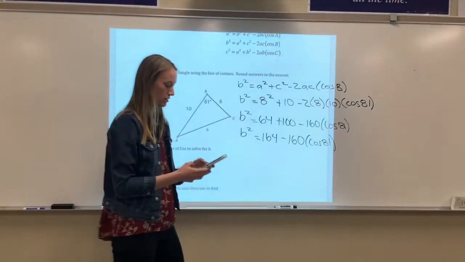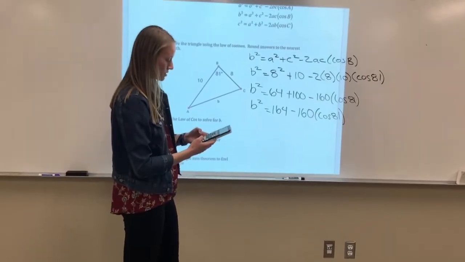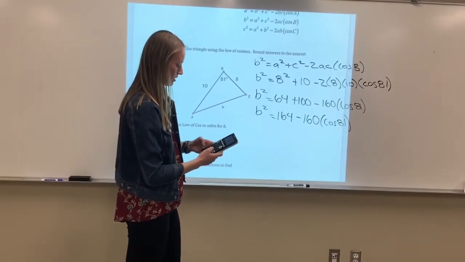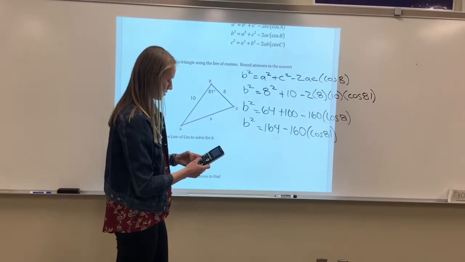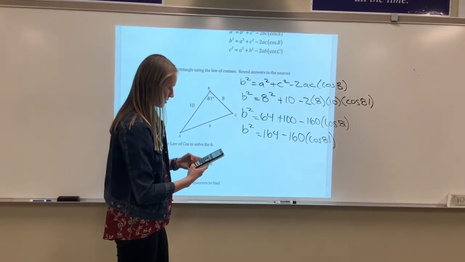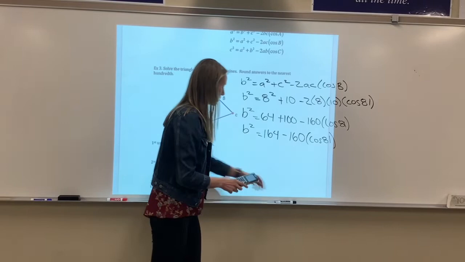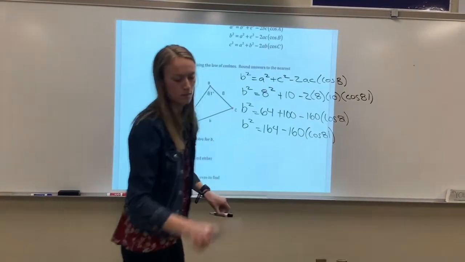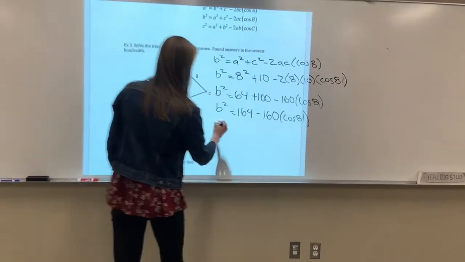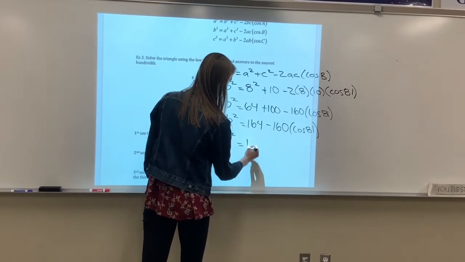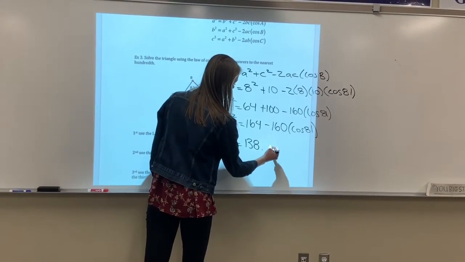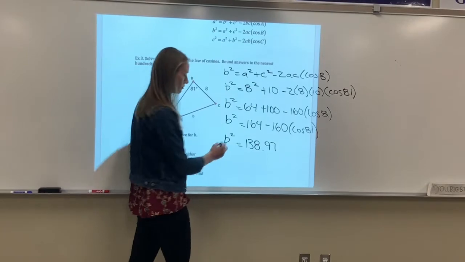So on our calculator, 164 minus 160 times the cosine of 81 equals 138.97. So b squared equals 138.97. And then we have b squared.